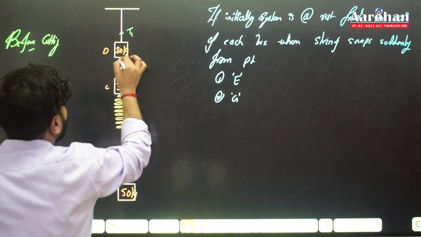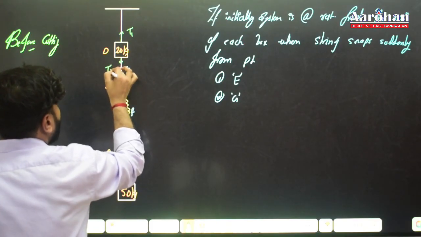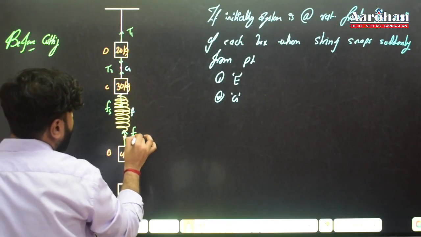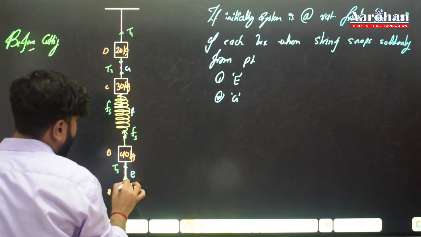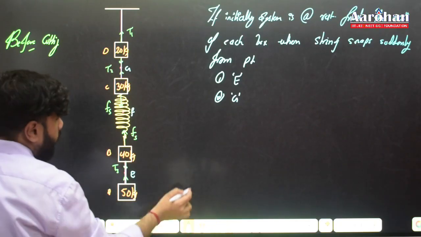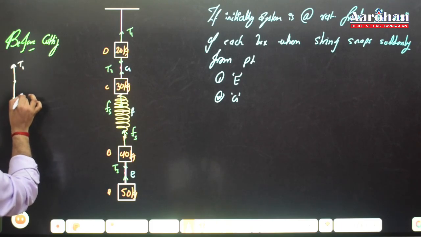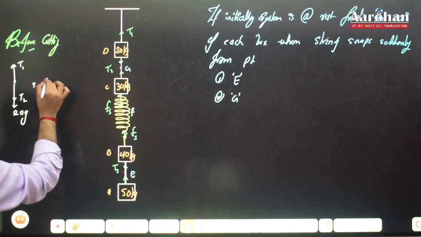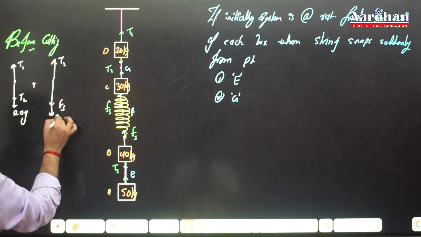So this is your T1, this will be your T2, and here is your Fs, here is also Fs, and here is your T3 and T3. Got it? If you draw the FBD for each one, you can see T1 and downward T2, also you have 20 g. Then you have T2, then you have Fs, then you have 30 g.